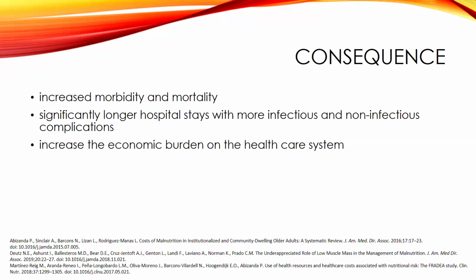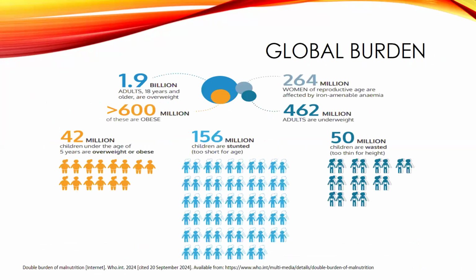If you look at the global burden, at times you find there's a kind of bias, because that slide is mostly concentrating on children, and that aspect is mostly about the community.